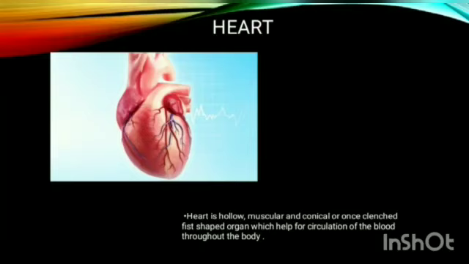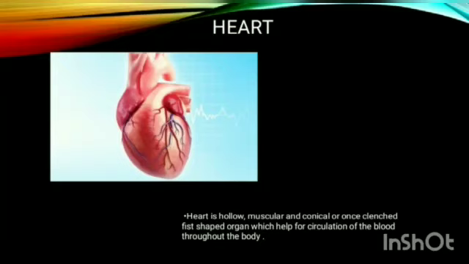It is a conical or roughly triangular shaped structure which is broader at base and narrow at apex. In a normal healthy adult person, length of the heart is about 12 centimeters and breadth of the heart is about 9 centimeters.